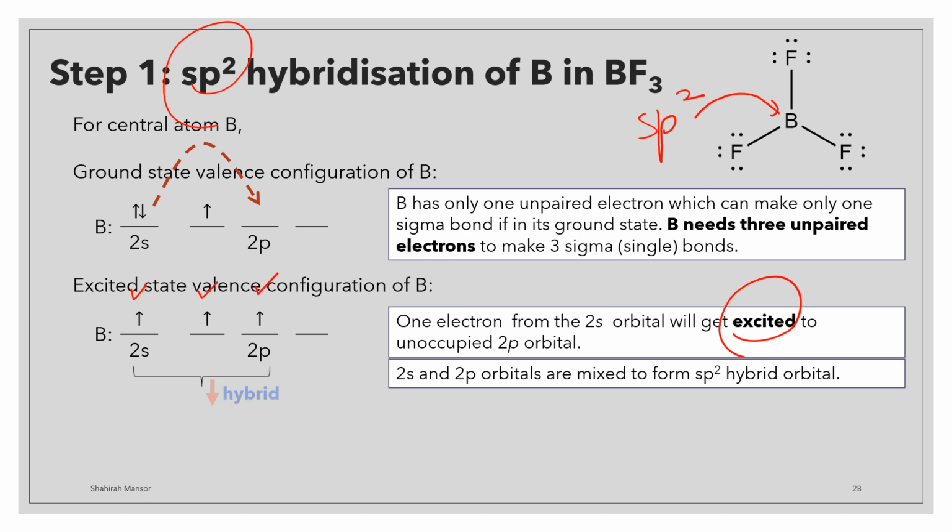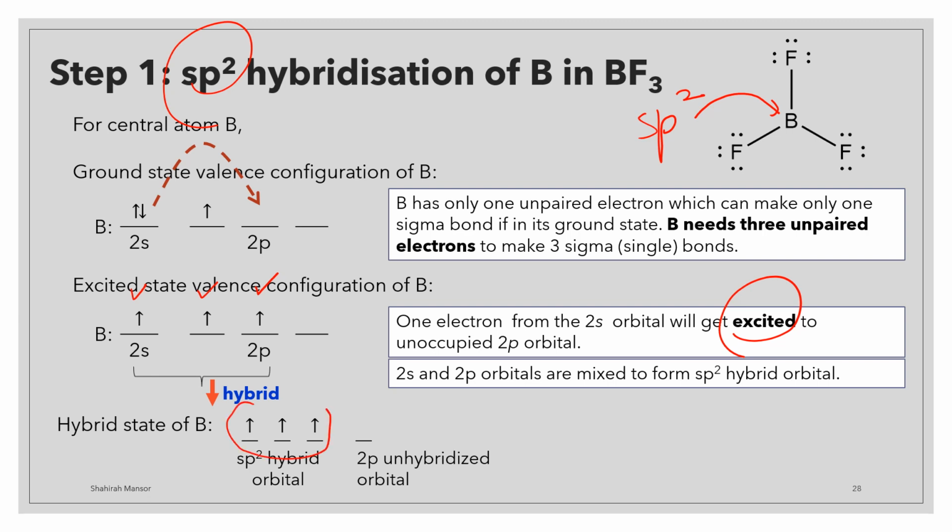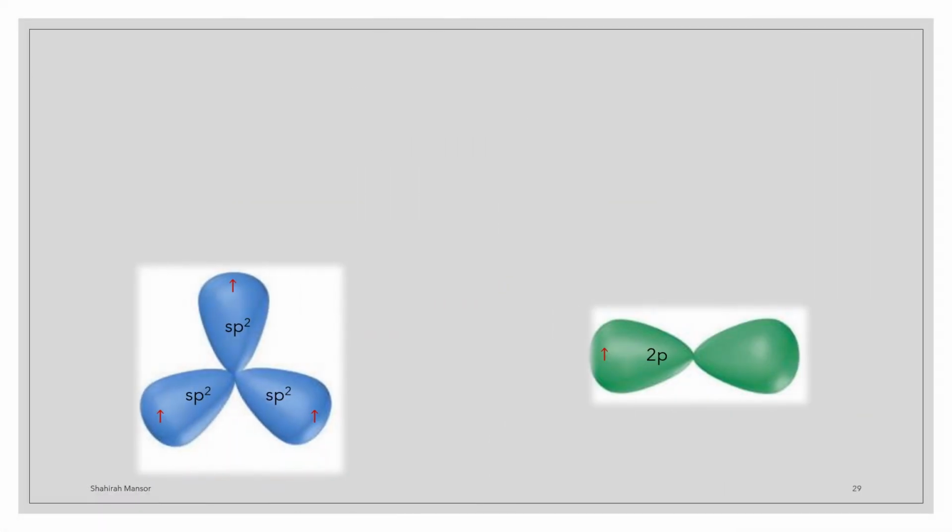By mixing these 3 orbitals, we get the hybrid state of B as sp2 hybrid orbital, where all the lobes will have a single electron. So the hybrid orbital of boron is sp2 hybrid orbital. What is its shape? Its shape is trigonal planar, okay, which is here. And then each of these electrons will be in its own lobe.